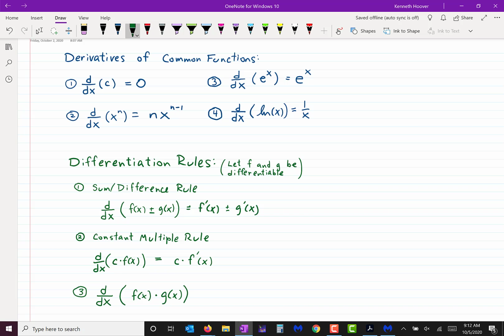It's different than the constant multiple rule, which was a function times a number. Now here we're doing a function times another function. You would probably expect it to equal this, f prime times g prime, but it is absolutely not equal to that. It is equal to something more complicated. Okay, so let me show you what it equals.